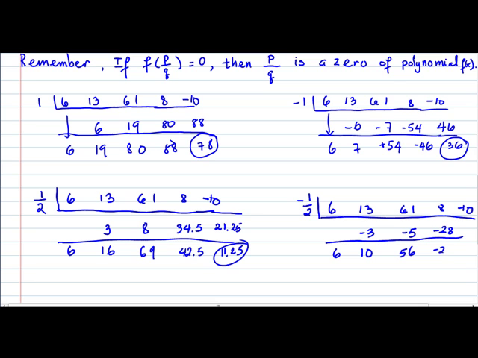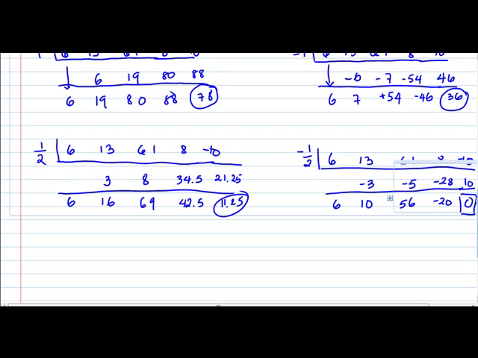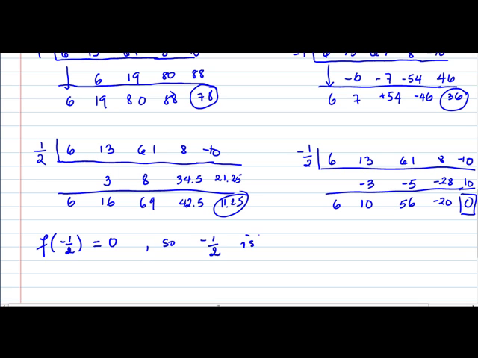Plus 8 is -20. -1/2 times -20 is a positive 10. Plus -10 is 0. Voila. That means -1/2 is our solution, or a 0 of our polynomial. That means if I put f of -1/2 inside my function, I will get 0. So -1/2 is a 0 of our polynomial.